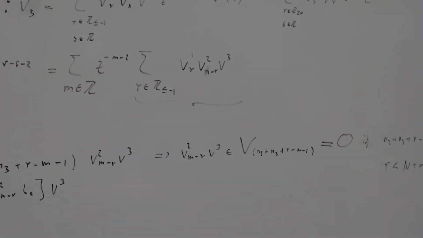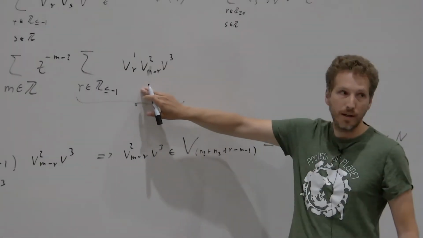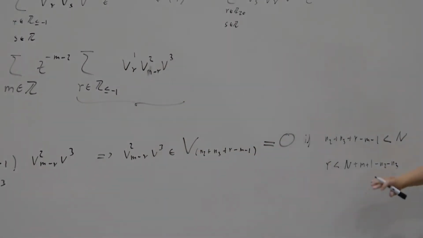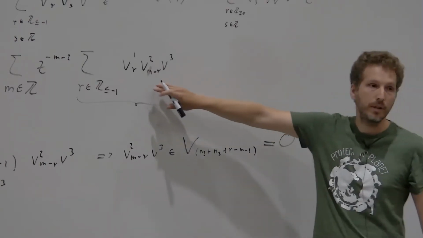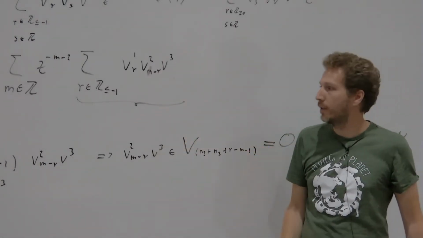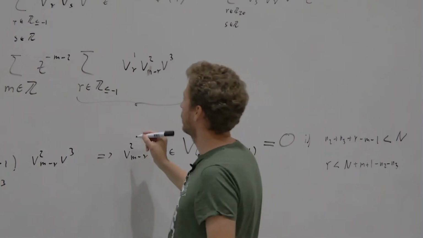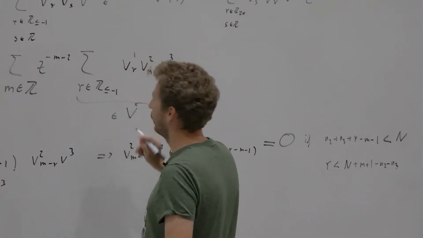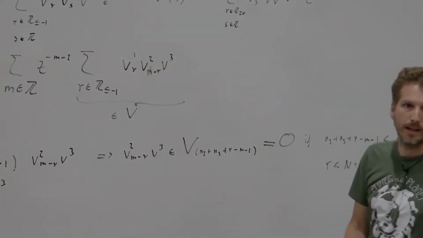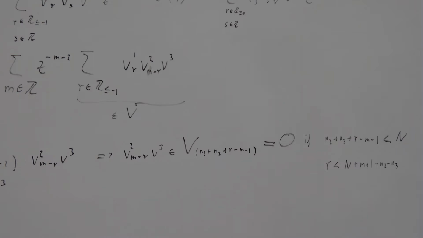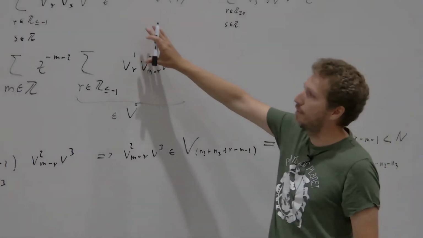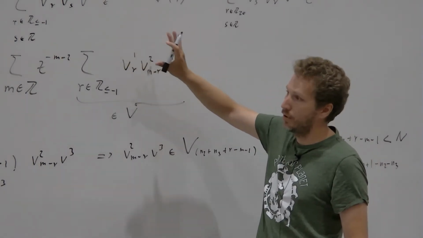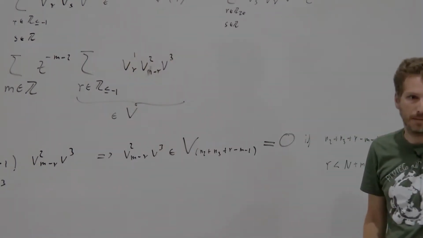So this infinite sum collapses to a sum starting at this bound going up to -1. So it's a finite sum, so this is in V. Right? And this nicely illustrates that at least the action of the first summand of the normal ordered product is well defined on a vector.